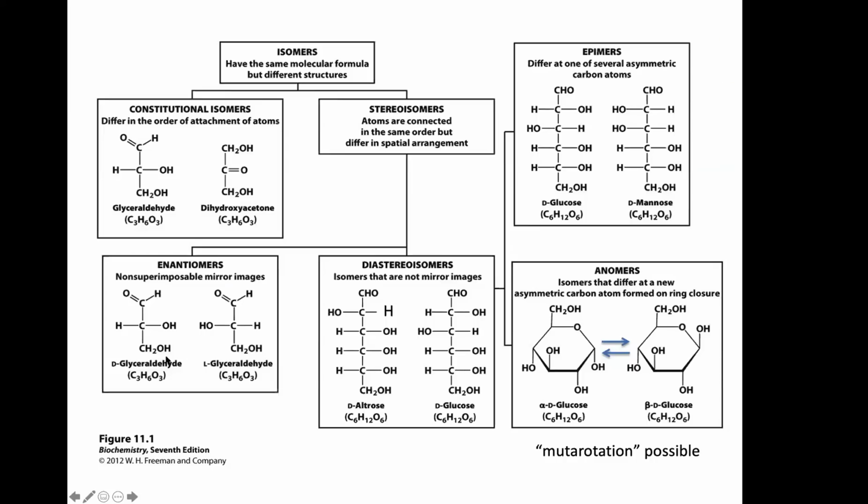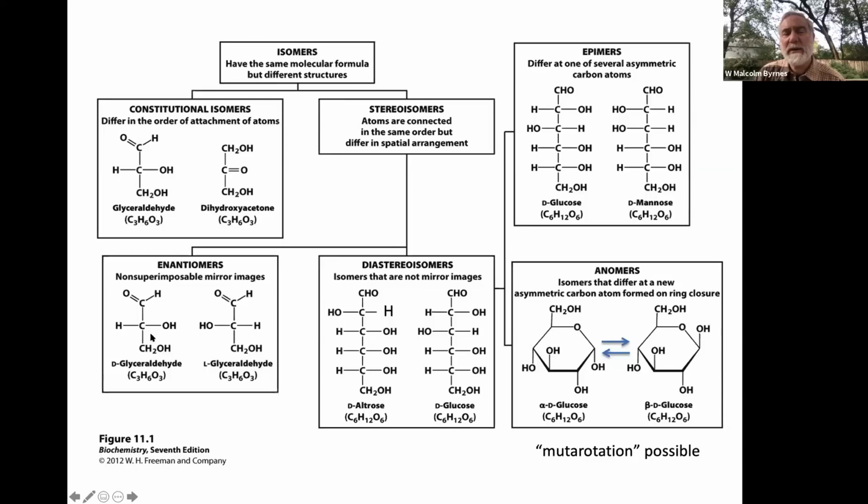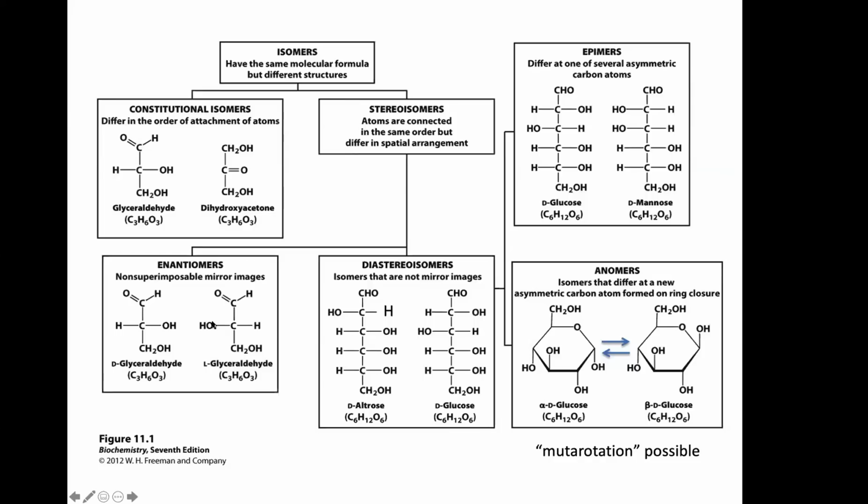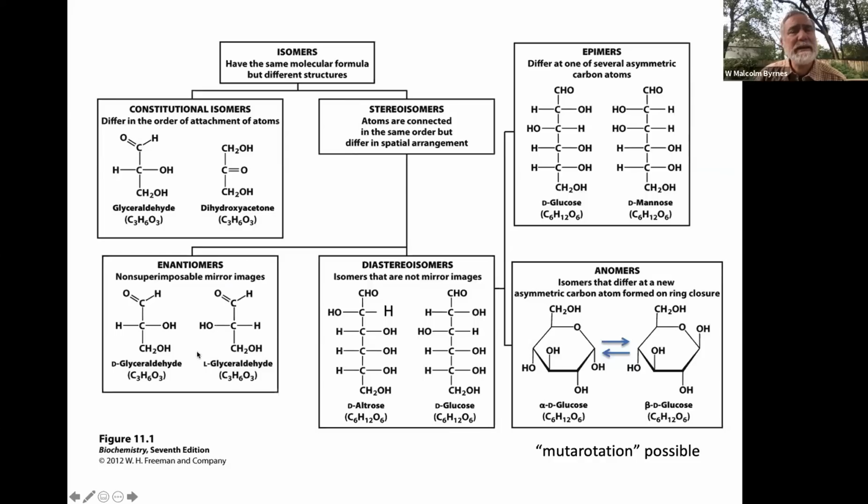Okay. Well, let's look at glyceraldehyde over here again, okay? See how in the D it's to the right, but in the L it's to the left? Yes. Now, I will say this. This assumes that you are displaying these molecules in a particular manner. So in all of these aldoses, the aldehyde group is at the top. See that? Carbon 1 is the carbon of the aldehyde in these aldoses, okay?